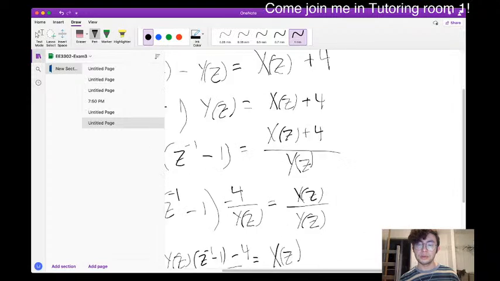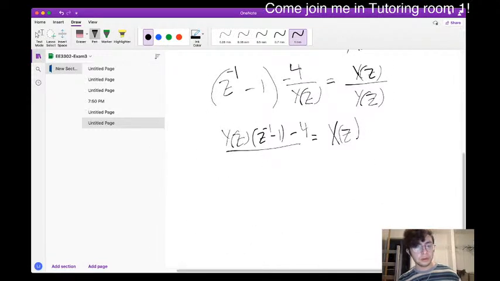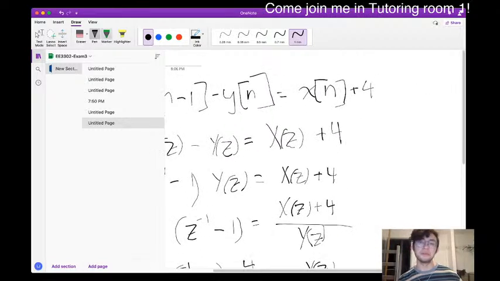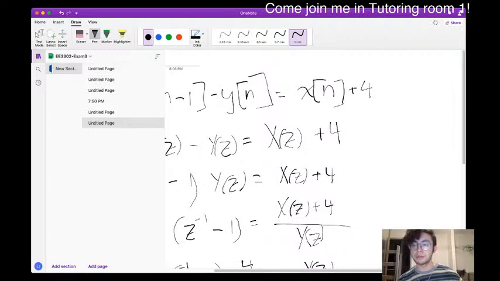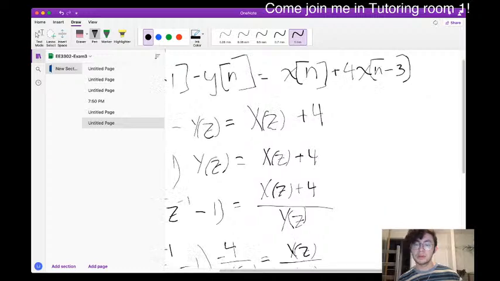Okay, well, let's see. I made up this equation on the spot. I don't think that you'll be given one where you'll just have a constant added. But let's say x[n-3] instead, so X(z) plus 4 z^-3. So I'm changing the problem a bit.